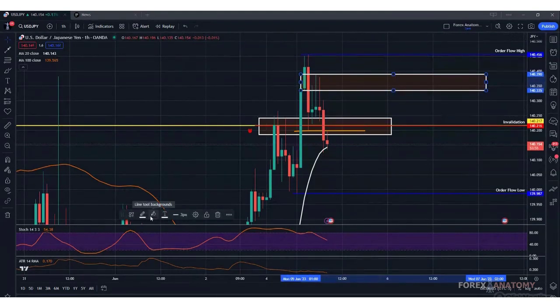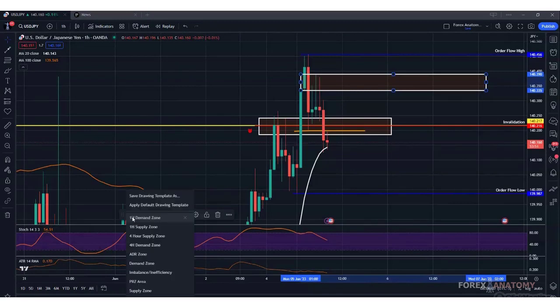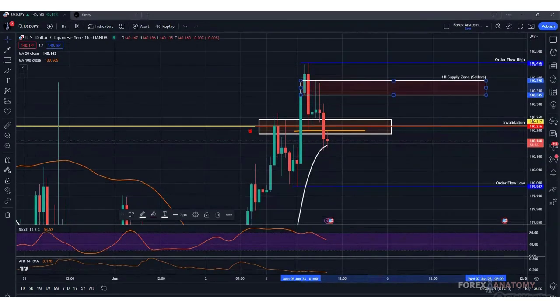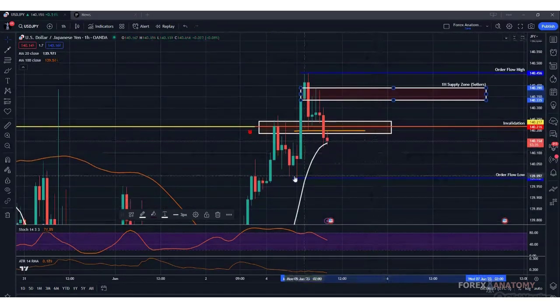So then what I want to do is just change this up a bit. Consider this 1 hour supply. And I'm not going to look for buys until we get a break and close above this structure right here. What we could be seeing is a rotation lower, but we're not going to look for any sales until we see a violation and break of this low right here.